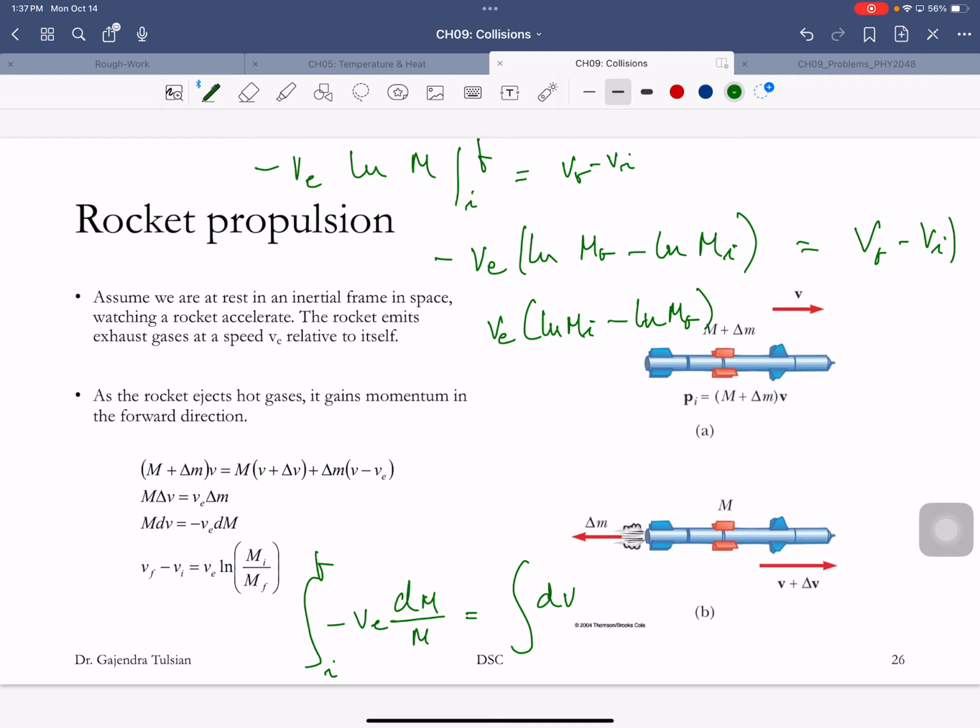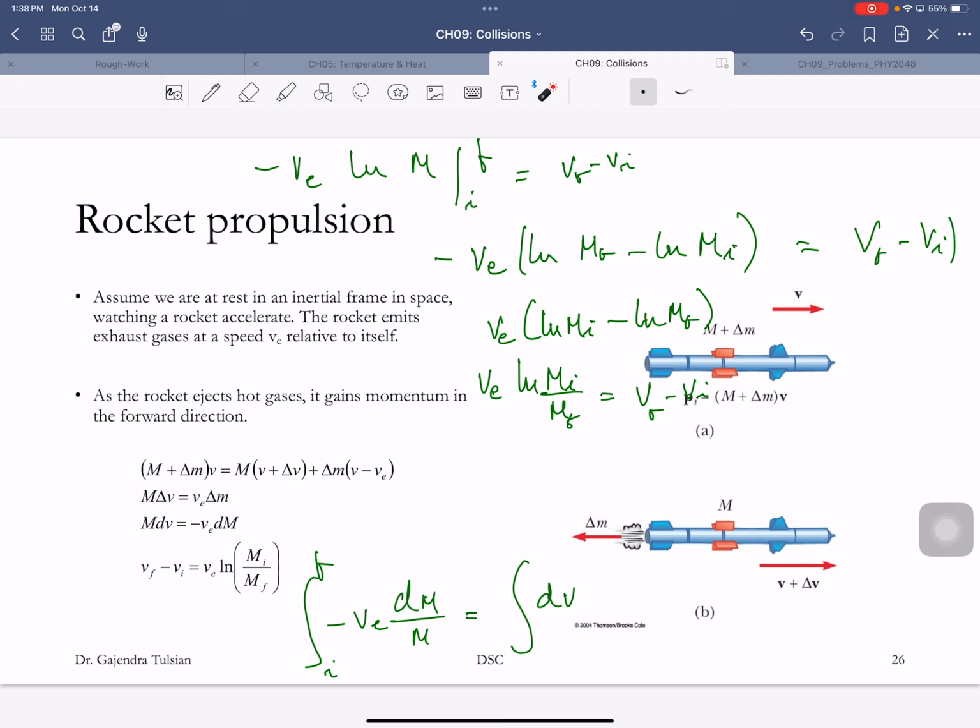And that's what this equation tells you. So V final minus V initial, the final velocity of the rocket minus the initial velocity of the rocket, is equal to the exhaust velocity times the natural log of the initial mass divided by the final mass.